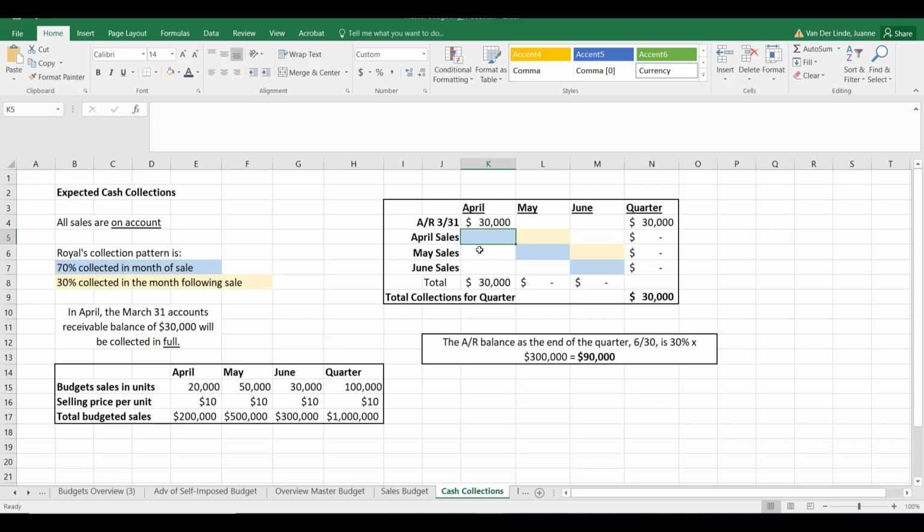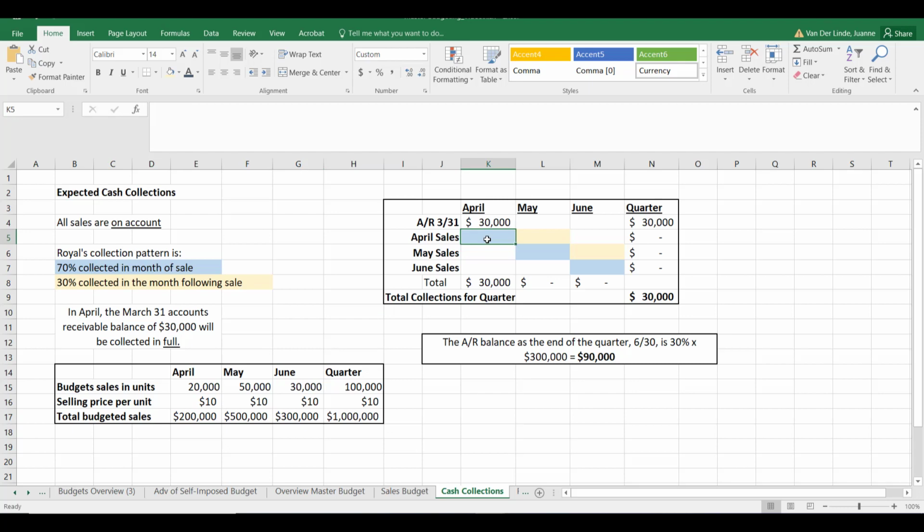All right, so now how much of April sales do we estimate we will collect in April? Well, they say that 70% of the sales made in a given month are collected in that same month. So what's the budgeted sales for April? Well, we know it's $200,000. So based on their collection pattern, we estimate that 70% of that $200,000 will be collected in April.